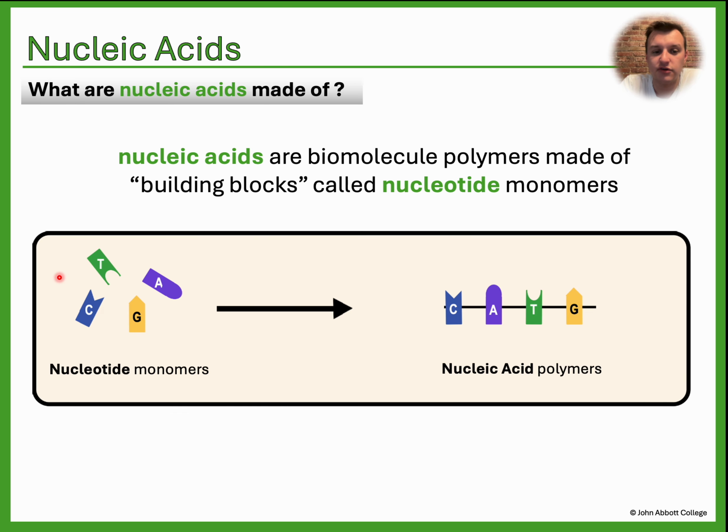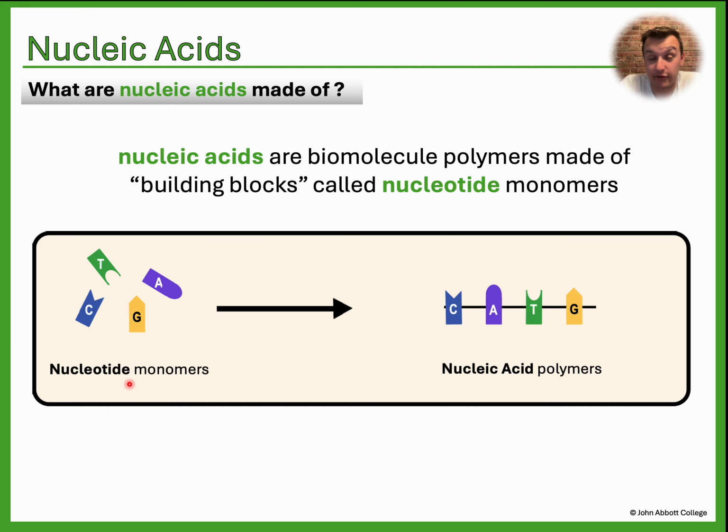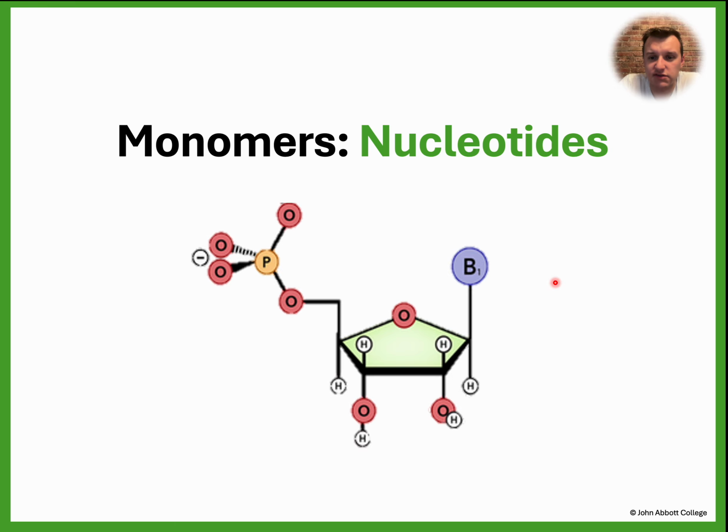So a bunch of nucleotide monomers, A's, T's, C's, and G's, come together to form nucleic acids. You might remember these A, T, C's, and G's from high school. We'll take a look at those in a minute. So I want to start with the monomers called nucleotides. Then we'll look at DNA, nucleic acid.